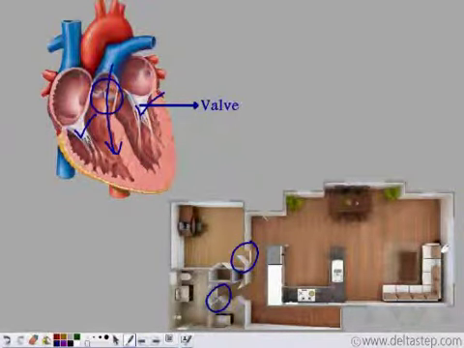So these valves close the pores that are present between the heart chambers, and when the heart muscles contract, these valves open and the blood is forced out into the next part of the heart.